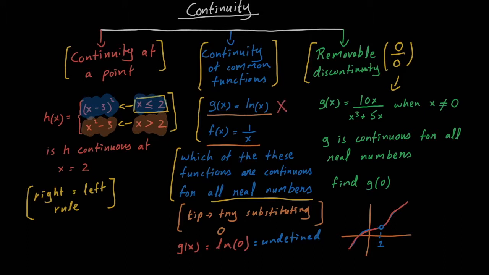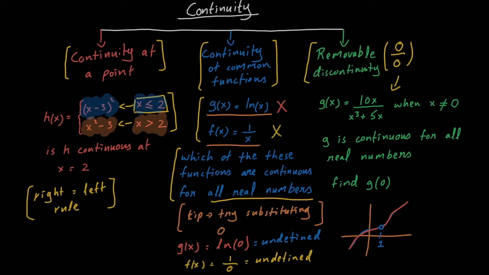Now for f of x equal to 1 over x, we can simply substitute 0 and we will have 1 over 0. We already know that anything divided by 0 is undefined. Hence, this is also not continuous. So none of the above functions are continuous for all real numbers.